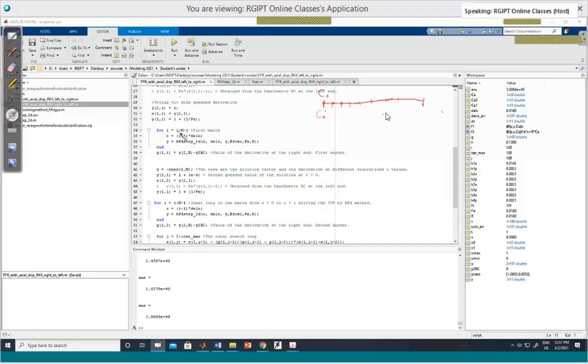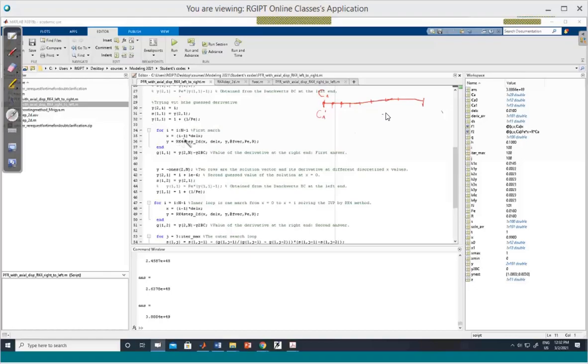So I go from 1 to n minus 1, starting from here up to one point before the final one, and calculate my y. Remember, the Rk4 step gives me the next value, right? So I keep on doing it.